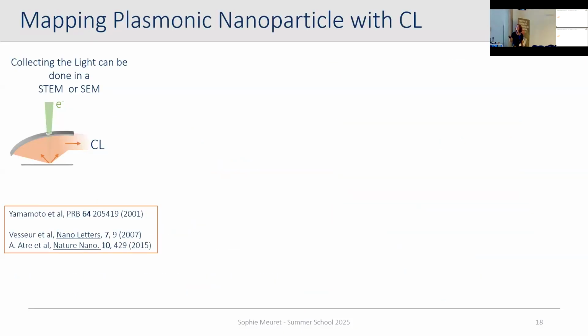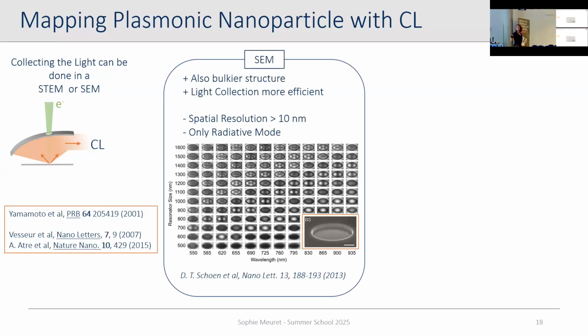Okay, so if we do cathodoluminescence, you can actually map this plasmonic structure, and you can do it because you're looking at the light coming from the sample. You don't necessarily need your electron going through, which means that you can actually do it in a scanning electron microscope or in a transmission electron microscope. And if you do it in a scanning electron microscope, what's quite interesting is that first, you can do much more bulky structures.